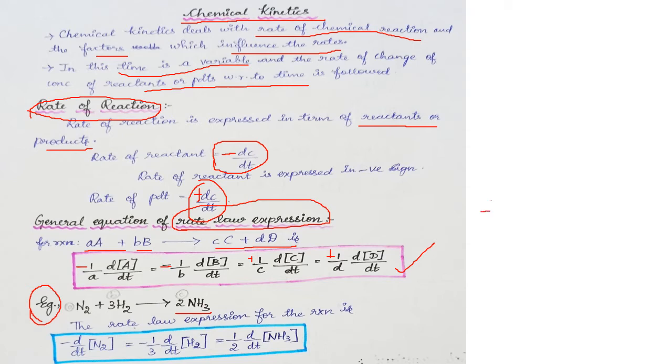In nitrogen we don't have any numbers, so minus 1 by 1. For the reactant side we are putting minus 1 by 1 d, capital A is N2.